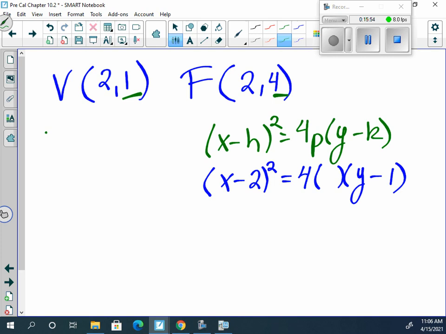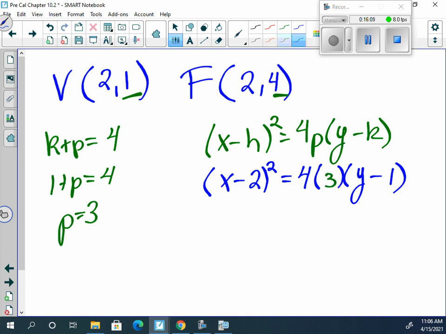Now we do know that k plus p is equal to 4. Well, k in our case is 1, because 1 plus 3 is 4. So this right here is 3.